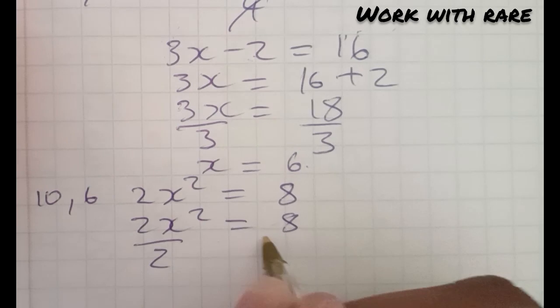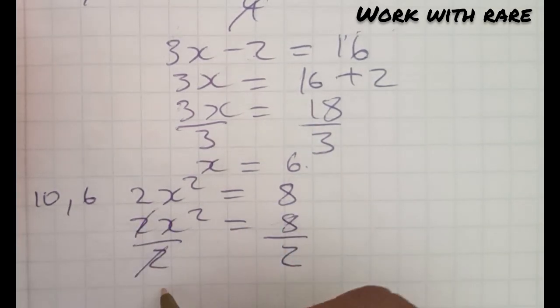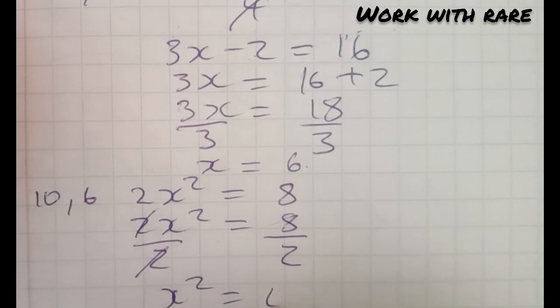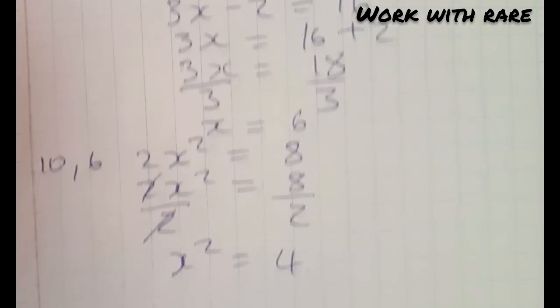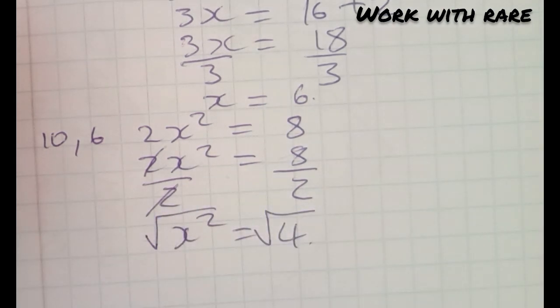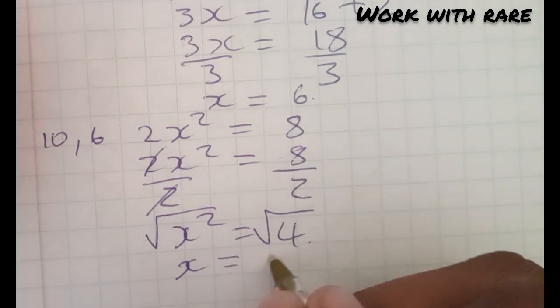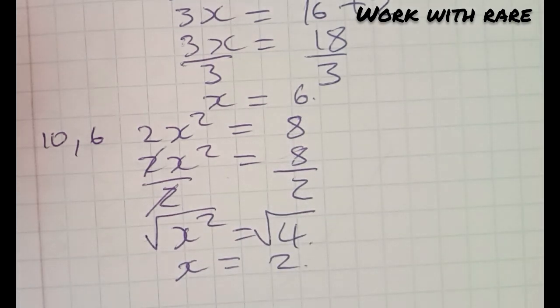I'll have to divide both sides by 2. So this 2 will cancel this 2. So I'll remain with x squared is equals to 4. And 4 is a perfect square. So I will take the square root of both sides. So square root of 4 is 2. So our x value is 2.